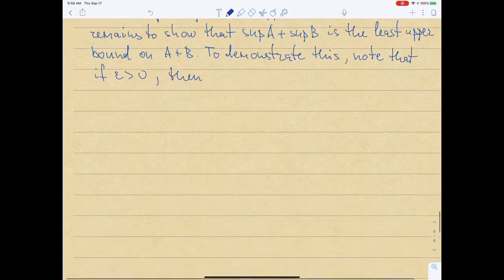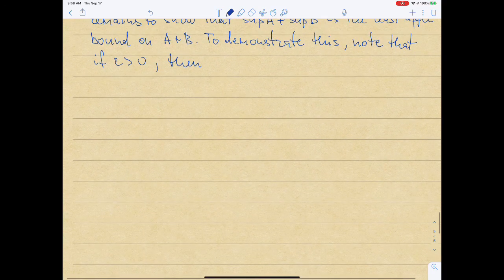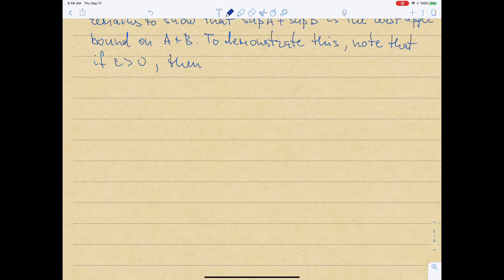If I take supremum of A and I subtract from that supremum epsilon over 2.